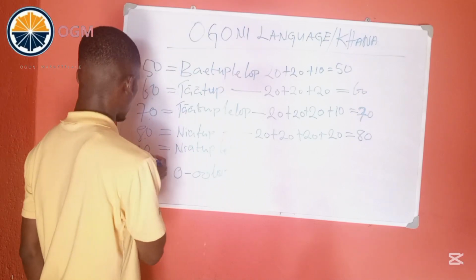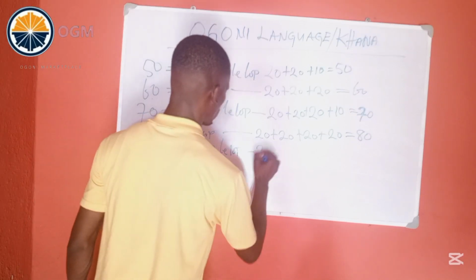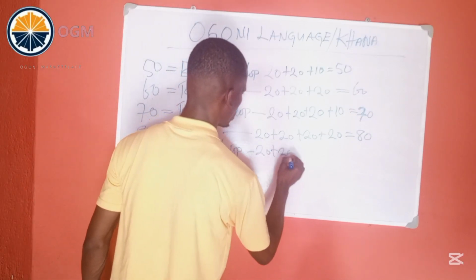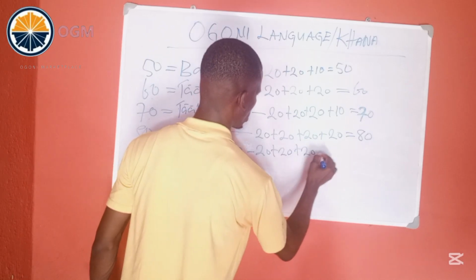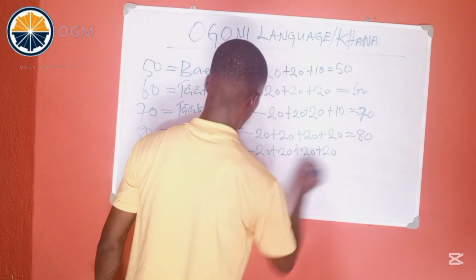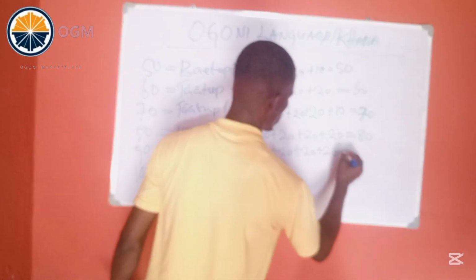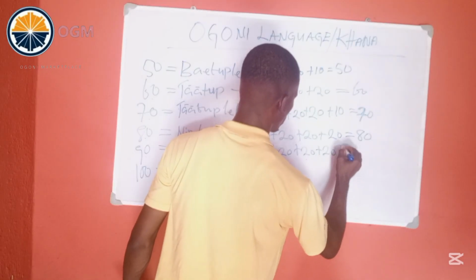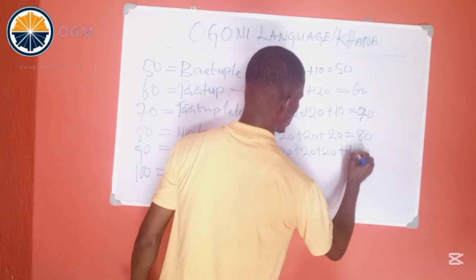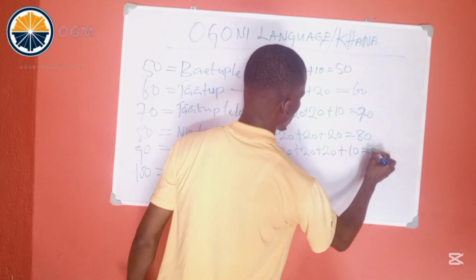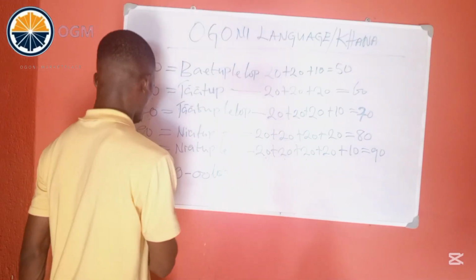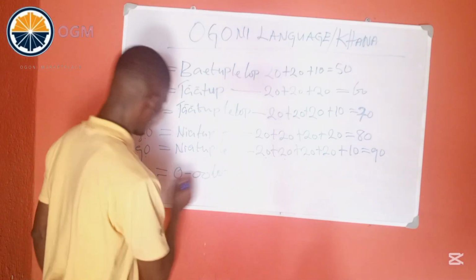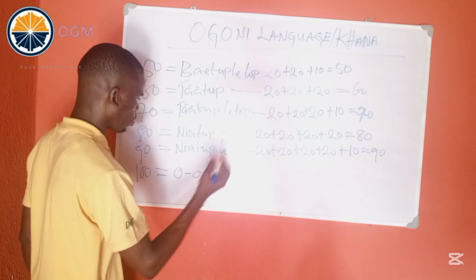So likewise 90 here, you add 20 plus 20 plus 20 plus 20, 1, 2, 3, 4, plus 10, equal to 90. Here you come to this side, 100, which is Oo2.